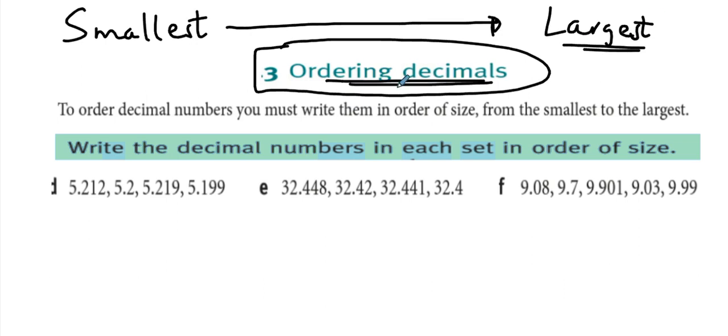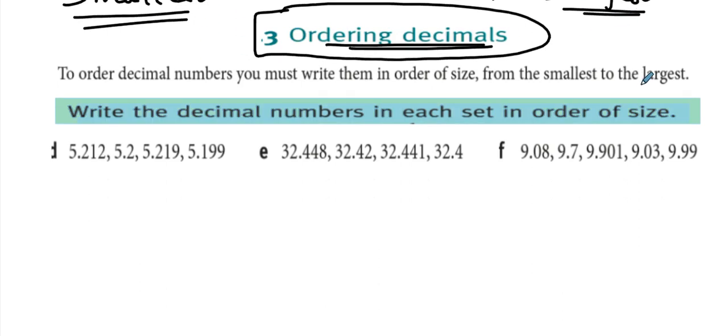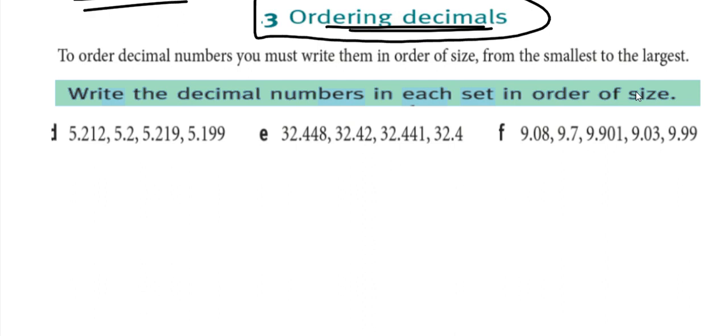To order decimal numbers, you must write them in order of size, from smallest to largest. For example, write the decimal numbers in each set in order of size.